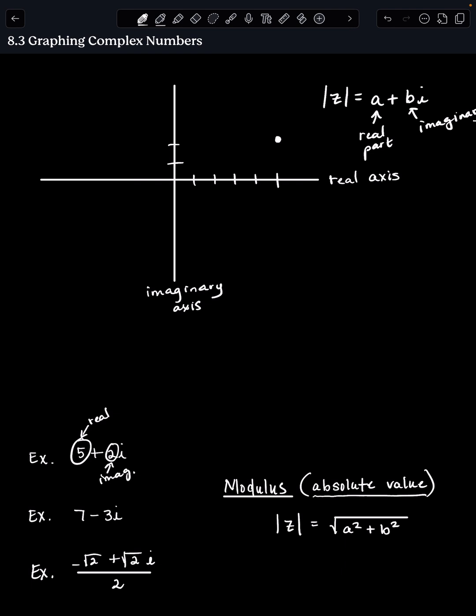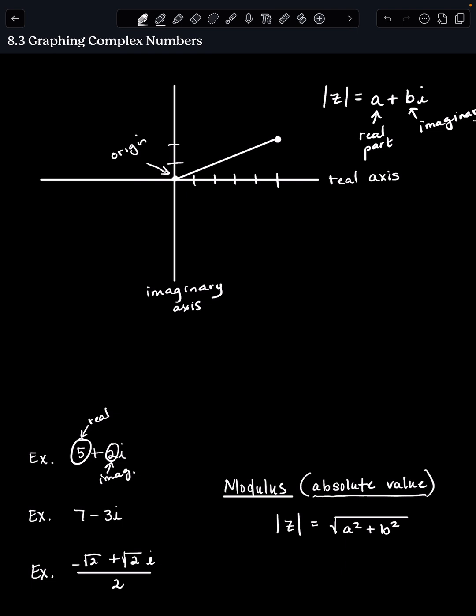Now, it actually takes it a step further because it wants to know the modulus of these complex numbers. Now, the modulus of the complex number is just the absolute value. What does that mean? You know what absolute value means. It's the distance from the origin. All right, so my origin is 0, 0. So if I'm looking for the distance from that complex number to the origin, think about what we could do here.